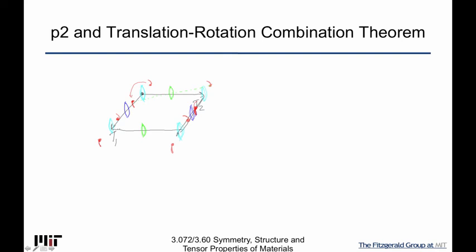Now if I look carefully, I'll say, aha, if I take a translation vector through here, remember any translation vector from one lattice point to another is going to have it. So I have to have a two-fold axis in the middle. And there you have it. And so there's our P2. It's very exciting, our first complicated one.